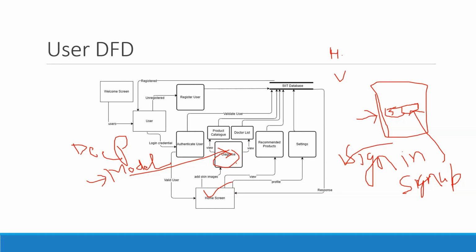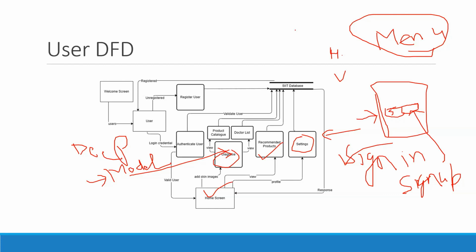And some recommended products we can show according to the usability of the user. Again, settings. This is actually the menu options. In yesterday's session, in the short span of time, I was not able to cover all the menus.